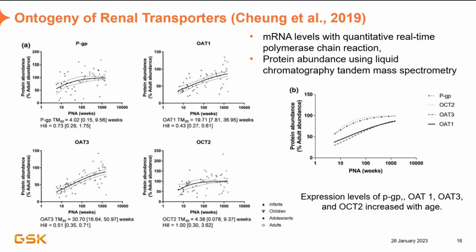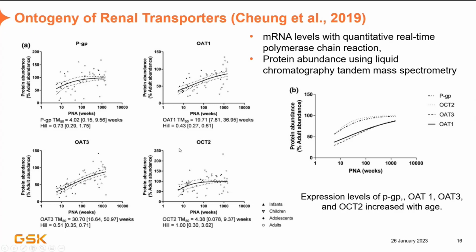What we usually use is the abundance, unless we need to focus on the mRNA, just to make sure the correlation between them is accurate, or the activity. So at the moment in the model, we are assuming there are age-related changes for these transporters.